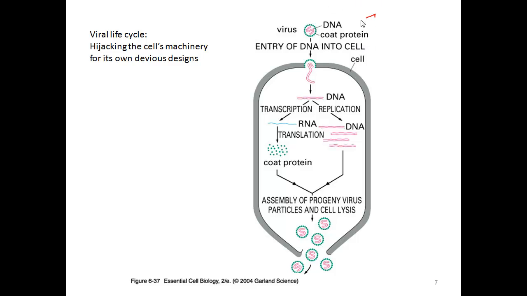In this case, you have a virus with a double-stranded DNA genome. This virus infects a bacterial or eukaryotic cell. It introduces its DNA into the cell and tricks the host cell to use its protein machinery to make RNA and protein from the DNA, and also to copy the DNA for it to be packaged inside new copies of the virus.